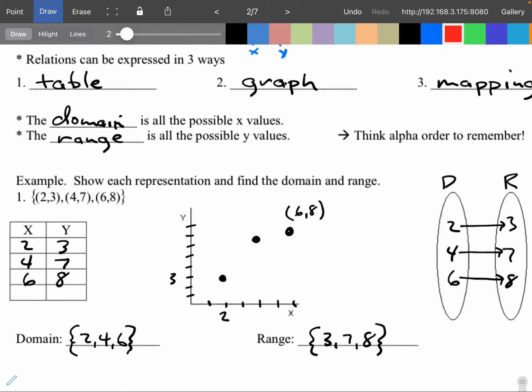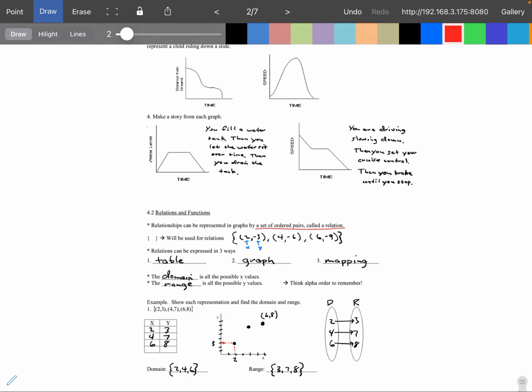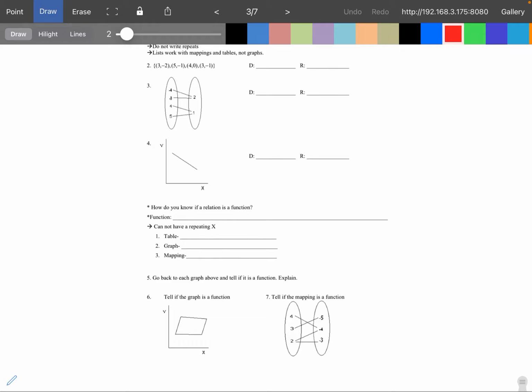And then you just draw little arrows. So 2 maps to 3, 4 maps to 7, and 6 maps to 8. And you can see that on the graph over here too, right? On the graph, you can see that 2 maps to 3, if you go like this. So 2 maps to 3.